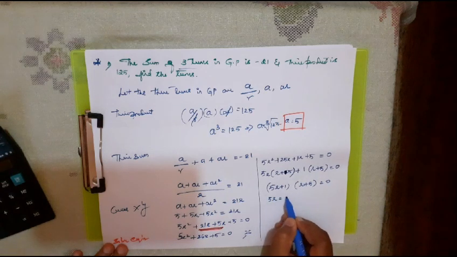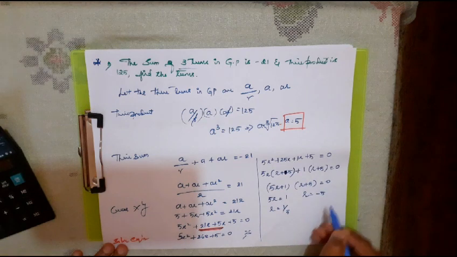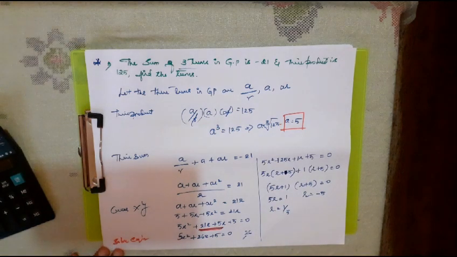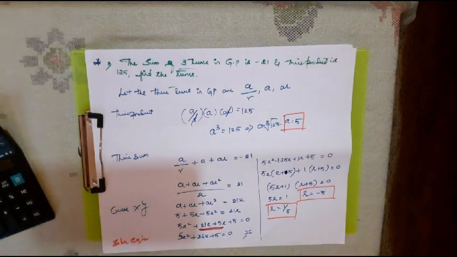So 5R is equal to minus 1, R is equal to minus 1 by 5, and R is equal to minus 5. Okay, so here also we got the value of R. Two different R we got. One is R is minus 1 by 5 and R is minus 5. So when we got the value of A and R, we can find the three terms.